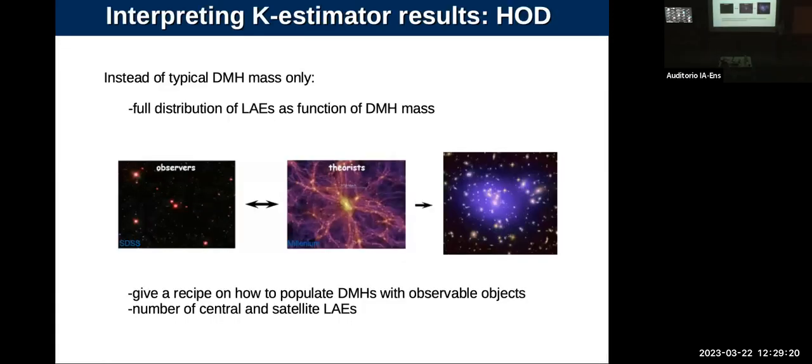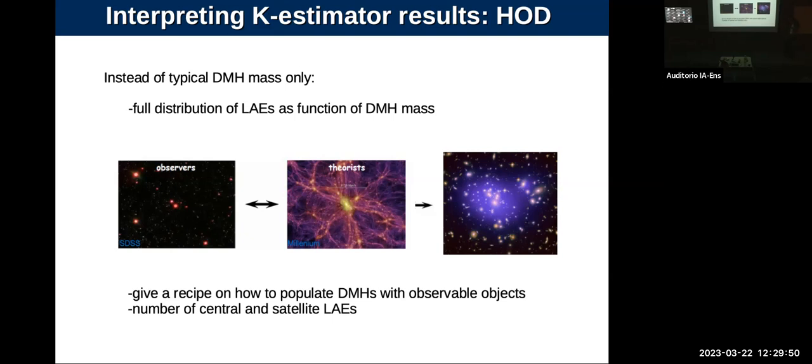When we apply a power law to the clustering signal, the only thing we can obtain is a typical dark matter halo mass of our sample. Now, if you apply HOD modeling, you can obtain much more information than that. You can actually obtain the distribution of galaxies as a function of dark matter halo mass. So in other words, you will connect the way observers see the universe, just a bunch of galaxies on the sky, with the way that theorists see the universe, this structure of dark matter.